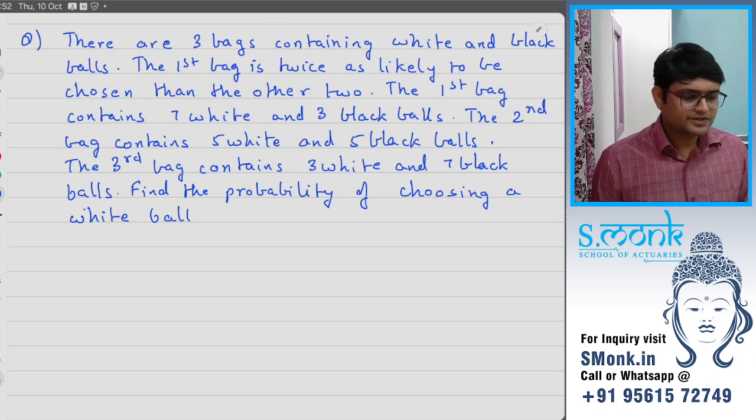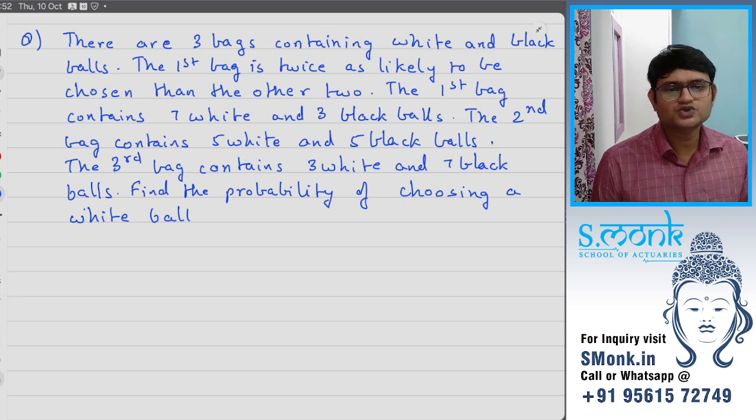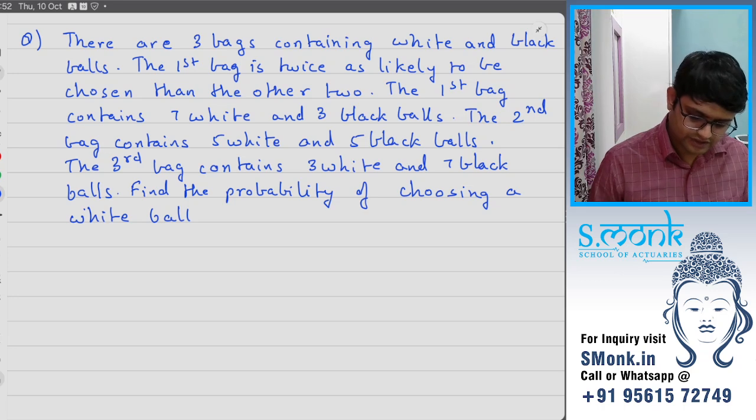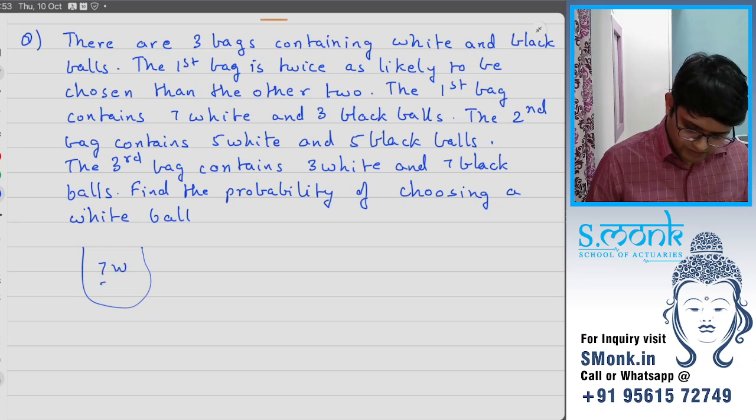So this is our example. There are 3 bags containing white and black balls. The first bag is twice as likely to be chosen than the other 2. The first bag contains 7 white and 3 black balls. Okay, so let's say this is my bag 1, 7 white, 3 black.